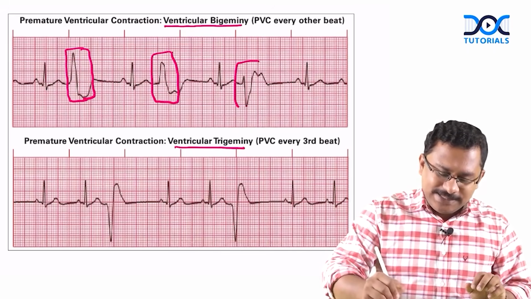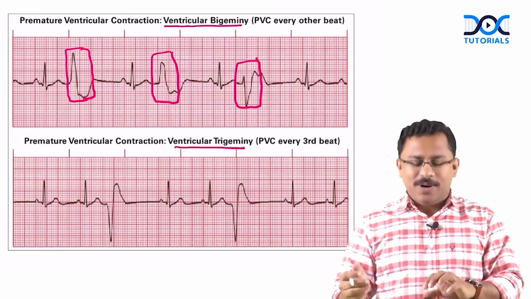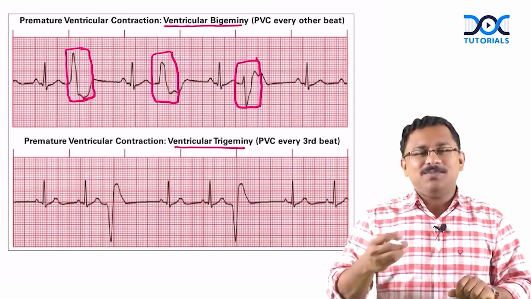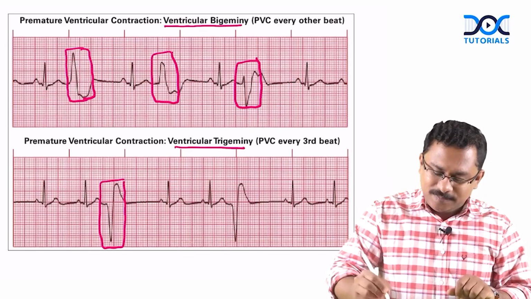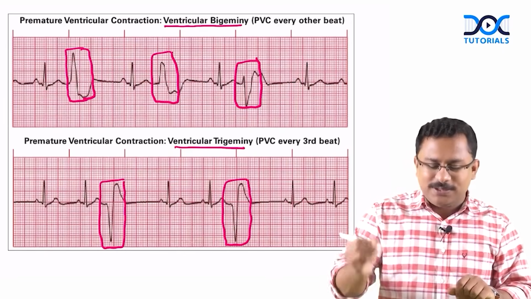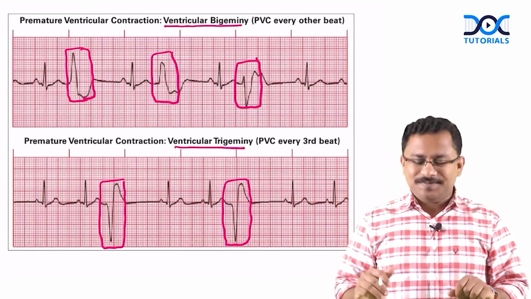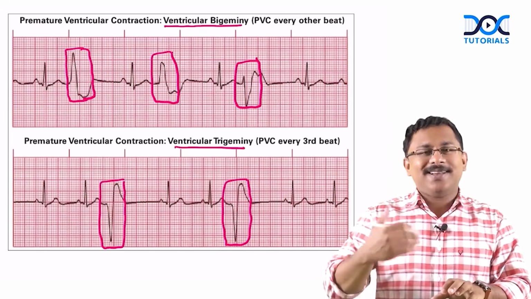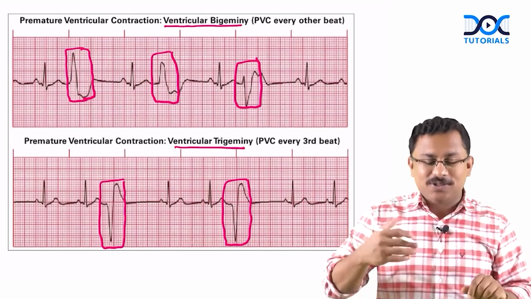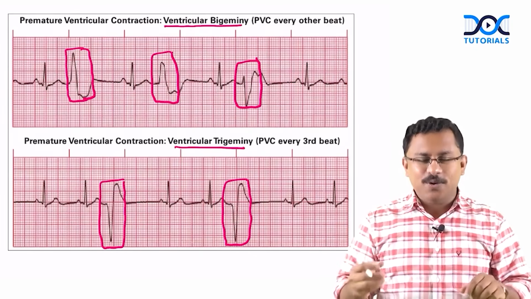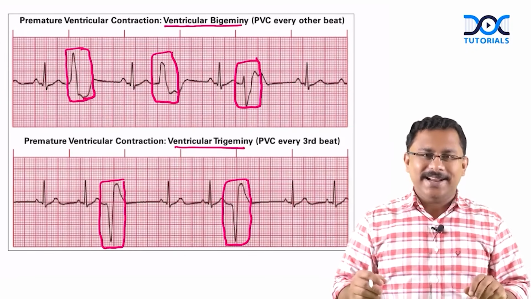Whereas when it comes to ventricular trigeminy, every third complex, every third QRS, you are having the abnormality. So that is ventricular bigeminy and trigeminy. It occurs in a rhythm called the Geminy rhythm. You have the bigeminy as well as the trigeminy.